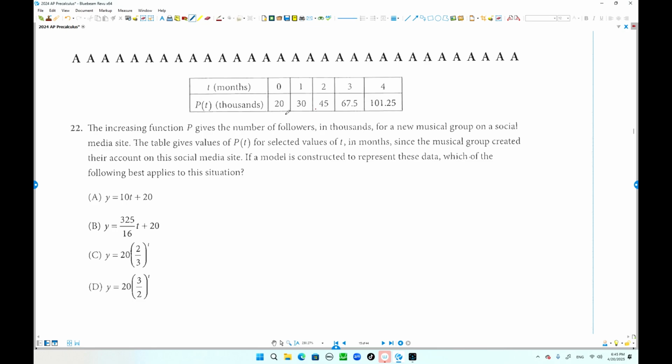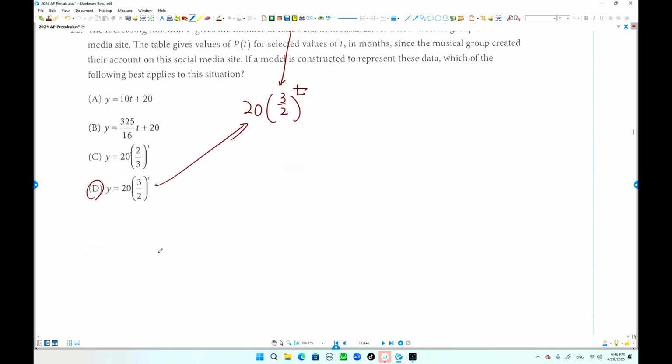So 20 times 1.5 times 1.5 times 1.5, right? This 1.5 is the common ratio. That is the exponential function. So this is b, b is 3 over 2. And the initial value is 20 when t equals 0, and it is times b to the t. This one is correct. Option D is the answer.